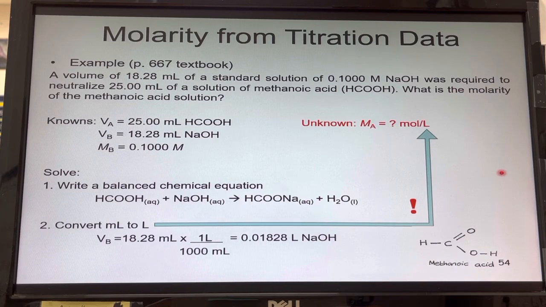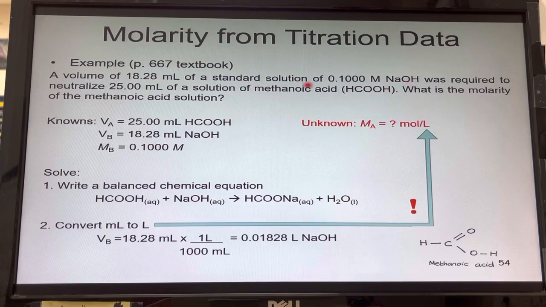That's how much of it was needed to neutralize 25 milliliters of methanoic acid. Now you see, you don't know what the molarity or the concentration of this methanoic acid is. It's unknown to you. But you did titration.